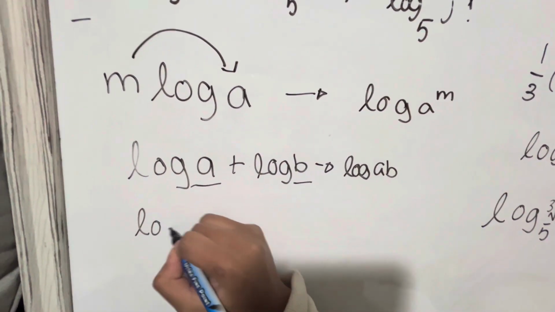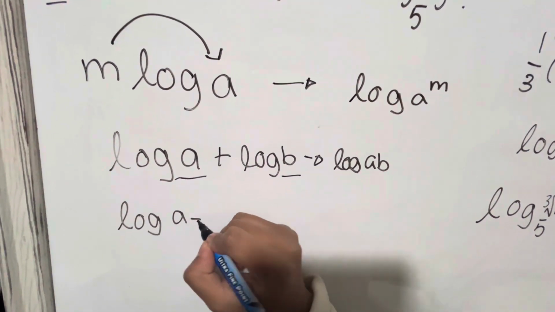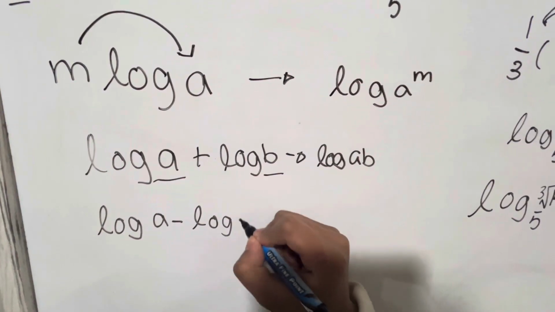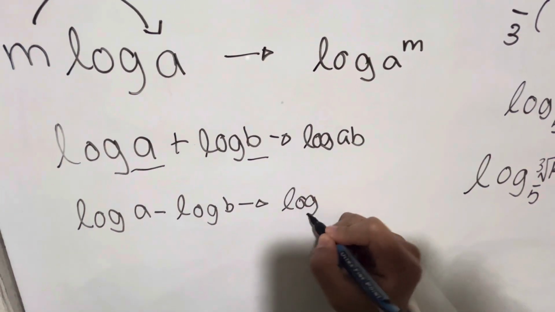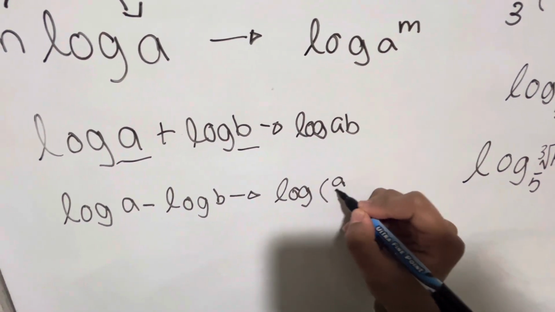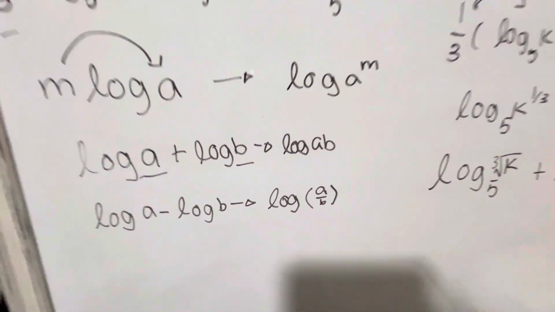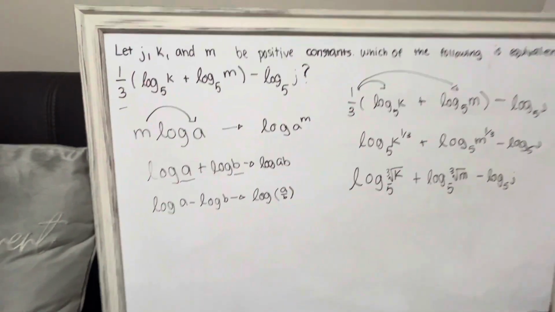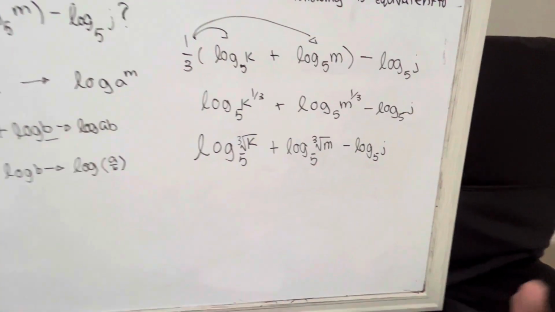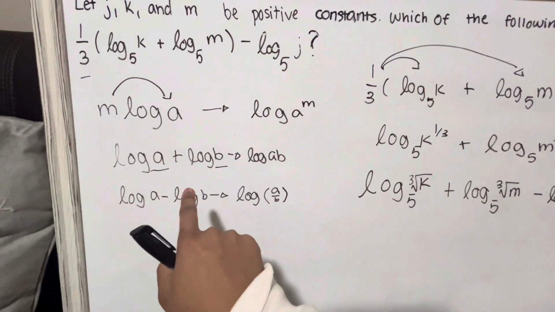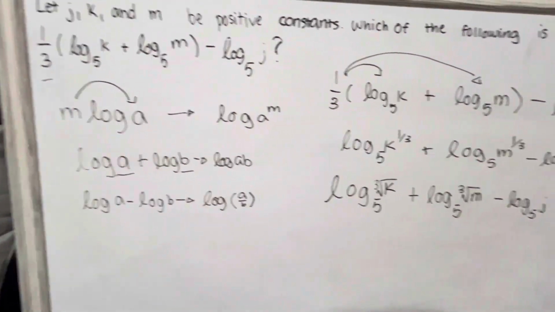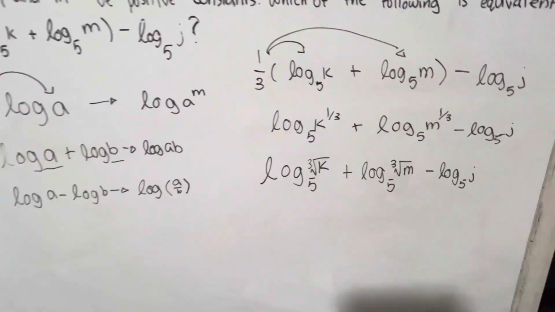These two would be multiplied. Or if you have something like log a minus log b, then that would look more like log a over b. Therefore, it'd be divided. So a property we can use right now is log a plus log b, which turns into log ab.